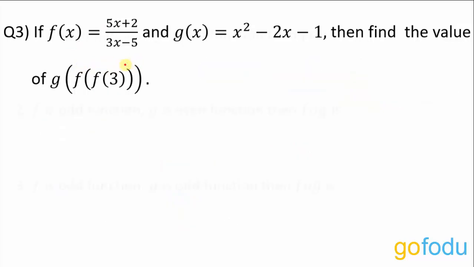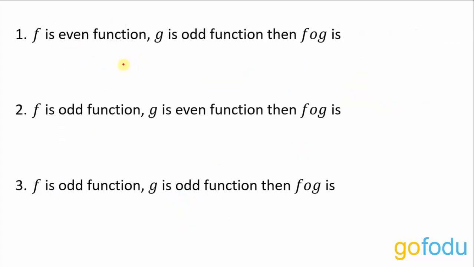Now solve these questions involving even, odd as well as composite functions. f is even function, g is odd function, and we have to comment if f of g will be even or odd. To check if a function is even or odd, we put minus x in place of x, and we see if this is equal to f of g of x or minus of f of g of x.